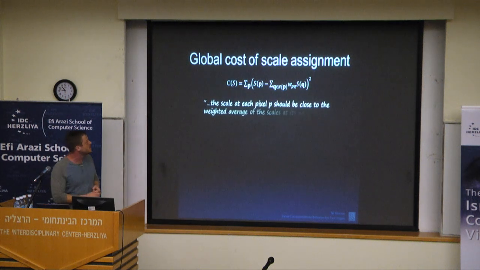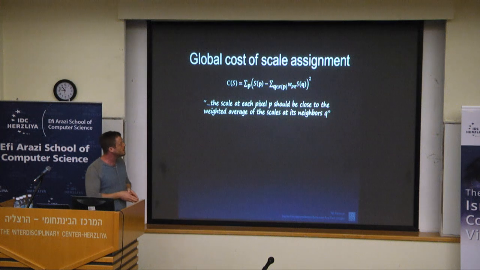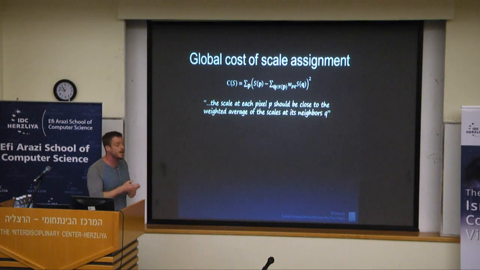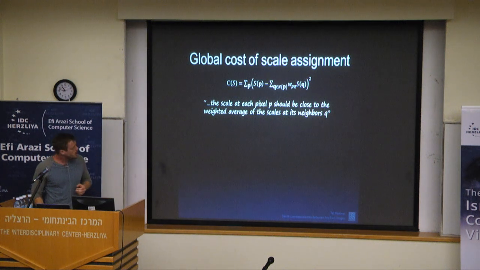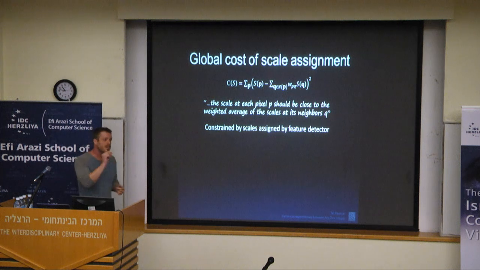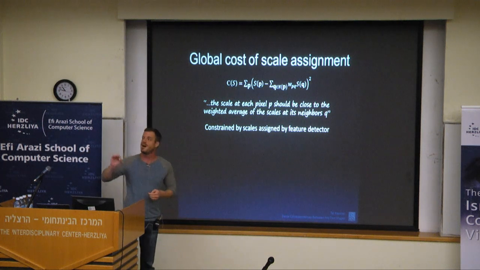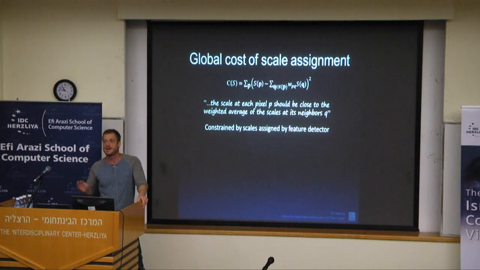Essentially what it means is that the scale of each pixel P should be as close as possible to the weighted average of its neighbors Q, in the immediate neighborhood. This, of course, is constrained by the pixels that we do have scales for, that 0.5% of the pixels for which we do, in fact, have scales.